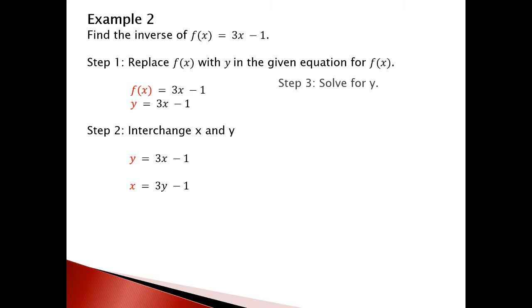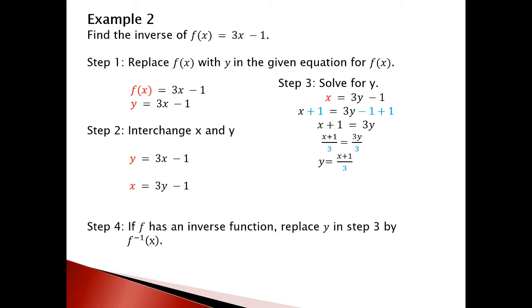Then let's move to step 3. You need to solve for y. Our equation is now x equals 3y minus 1, so you need to solve for y. Now y equals x plus 1 divided by 3. Then let's move to step 4, that is, if f has an inverse function, replace y in step 3 by f inverse of x.